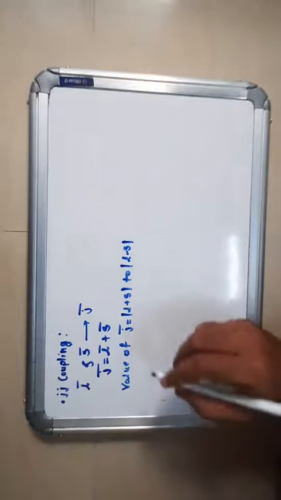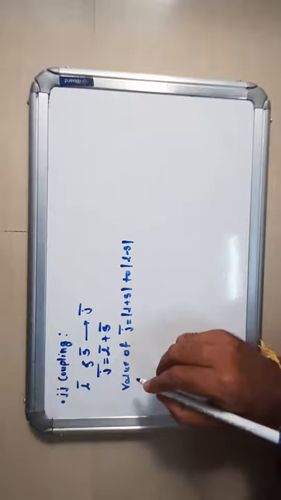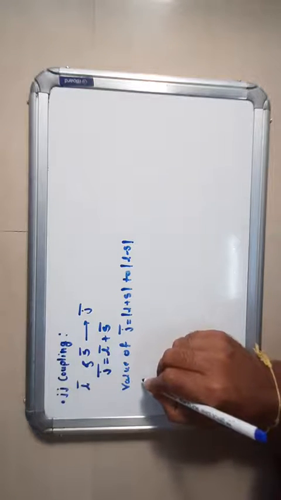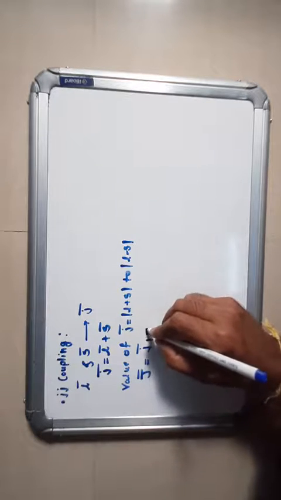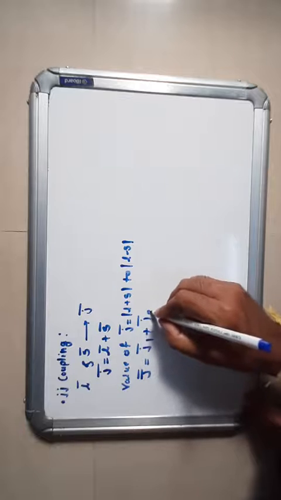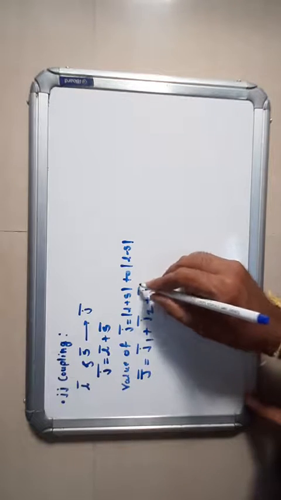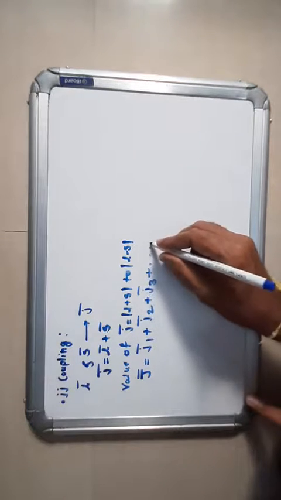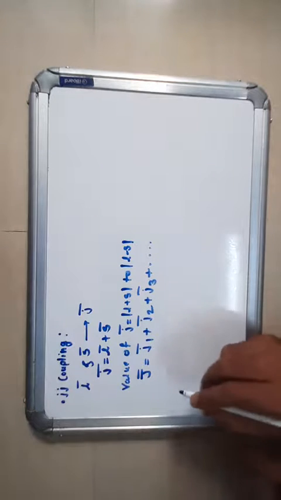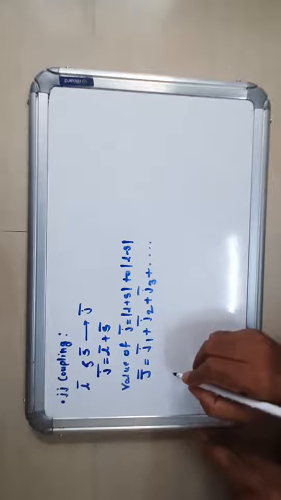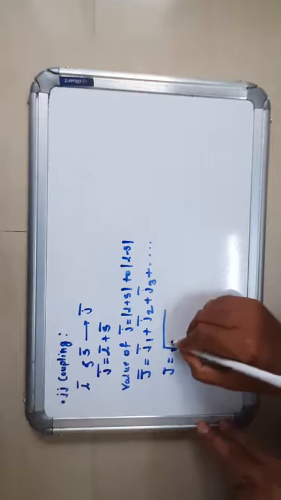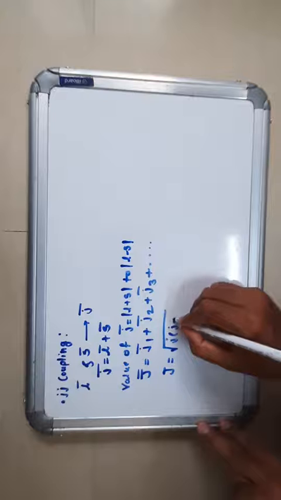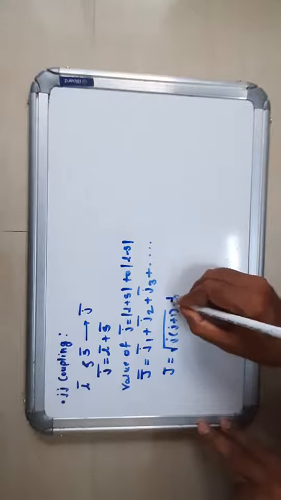The resultant nuclear angular momentum J bar is equal to J1 bar plus J2 bar plus J3 bar and so on. Then the magnitude of the total angular momentum is given by J is equal to under root J into J plus 1 into h bar.